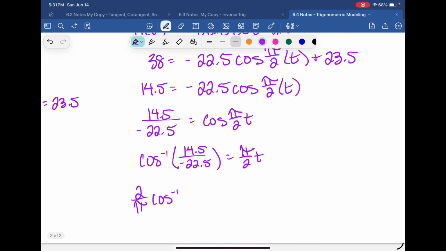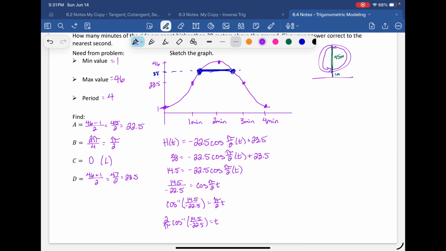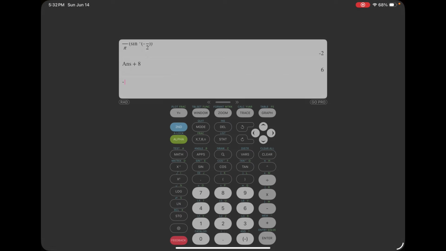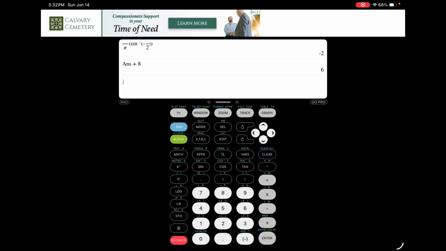So that's going to give me the first instance where the height in the ride is 38 meters. So I'm going to do that in the calculator. 2 over pi times inverse cosine of 14.5 over negative 22.5.